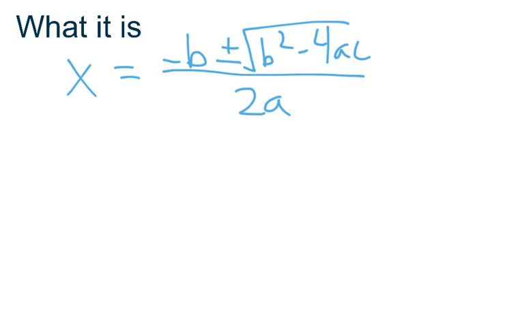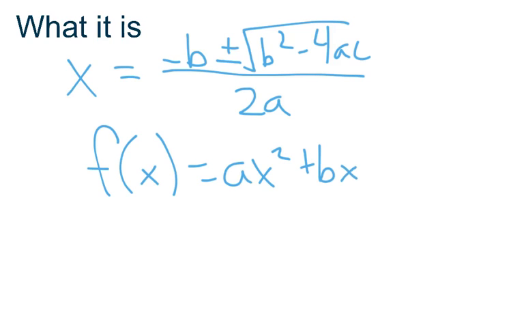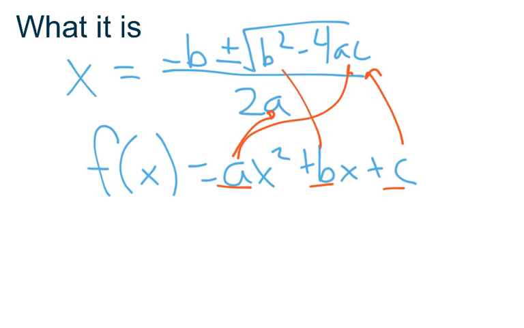That comes from the standard form of a quadratic equation, f of x is equal to ax squared plus bx plus c. These a, b's, and c's are what get plugged into the quadratic formula. And so that's what it is.